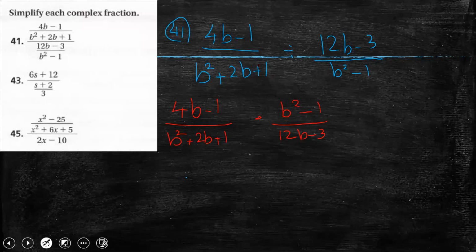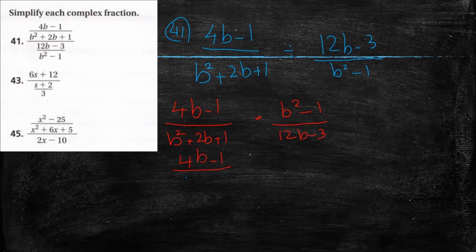The second step now, look at each one, at the numerators and at the denominators. 4b minus 1, can I simplify it? No, keep it as 4b minus 1. Now b squared plus 2b plus 1, can I simplify it?